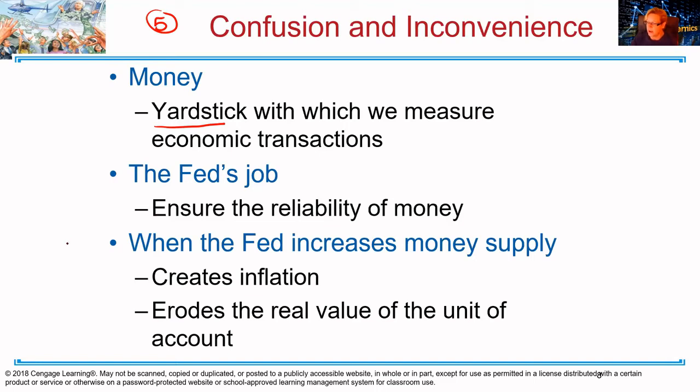We know that when the Fed increases the money supply, that creates inflation, which erodes the real value of the unit of account. So the value of money decreases, right?